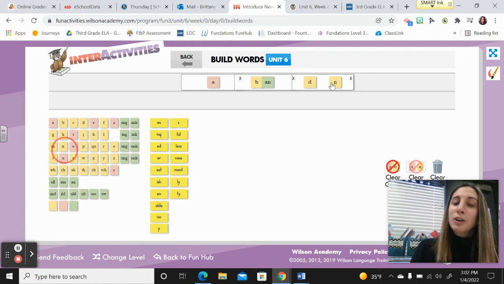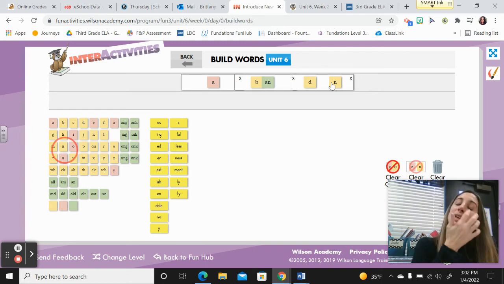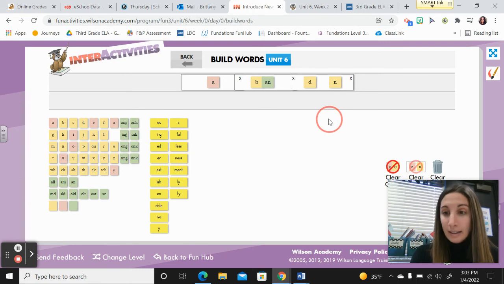N. So we learned back in Unit 5 when we were talking about the schwa that if the schwa comes right before an N at the end of a word, it could either be an O, like the word wagon, or, do you remember? Yeah, it could be an E, like happen. Okay, so what do we think?